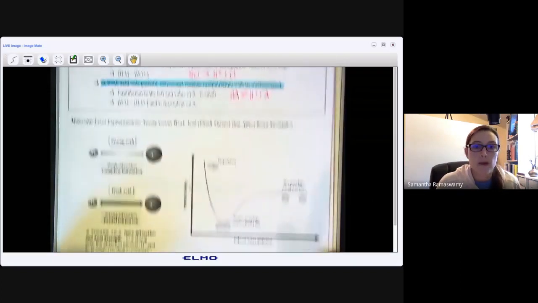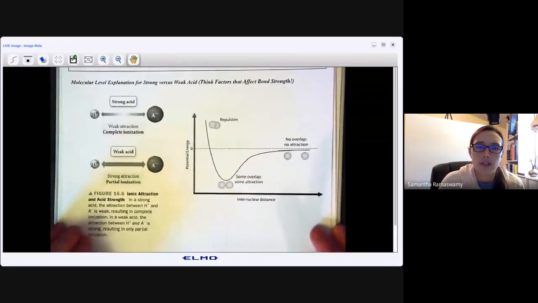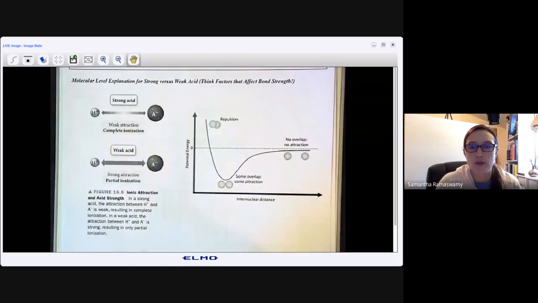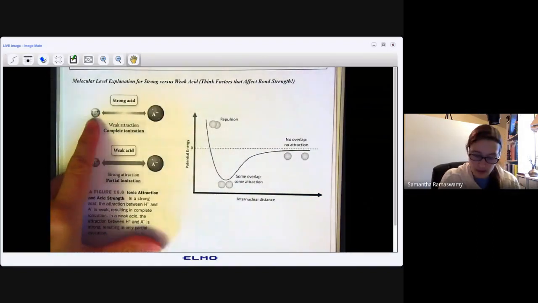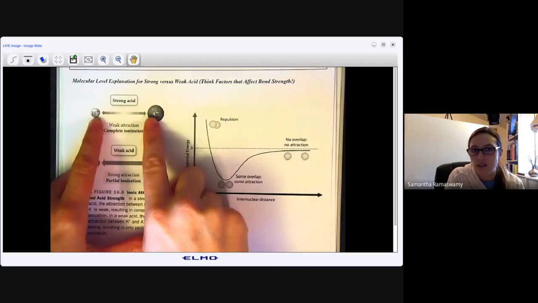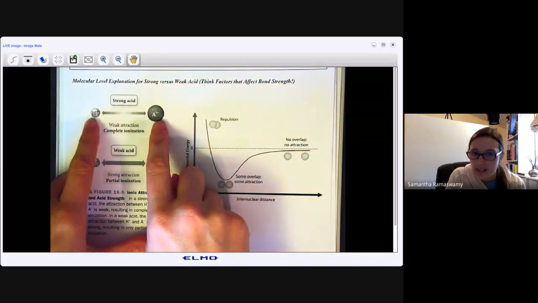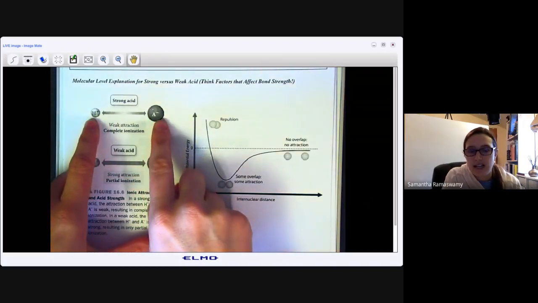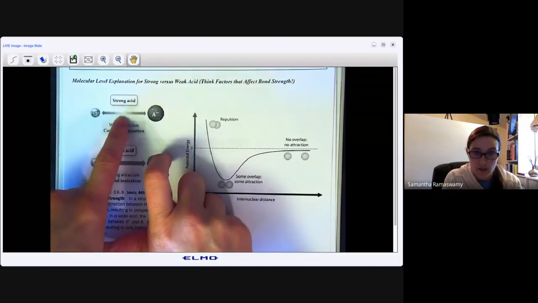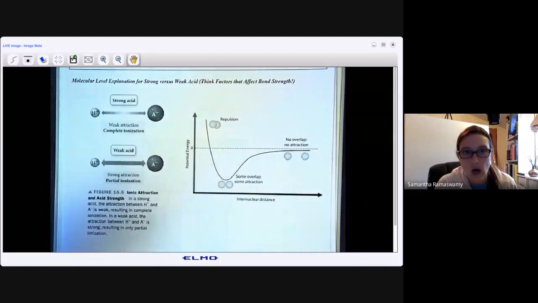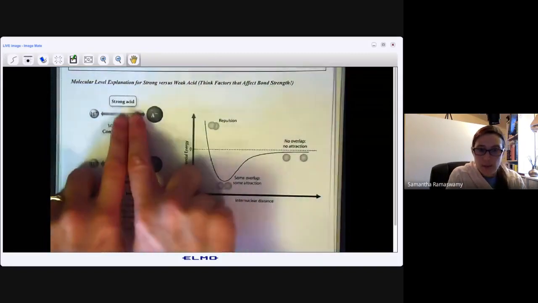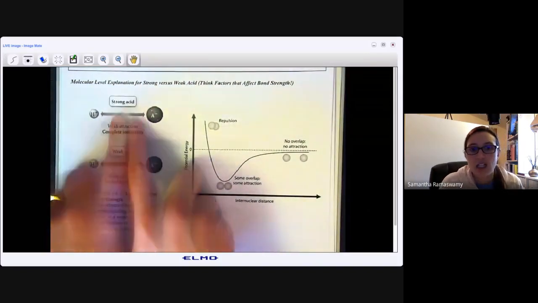I was getting some questions about how the strength of acids works. If a strong acid completely ionizes, what does that mean about the attraction between the ions? Well, if it's a strong acid, that means it breaks apart easily. So this HA bond, like HCl or HBr or HI, that attraction between the ions is extremely weak.